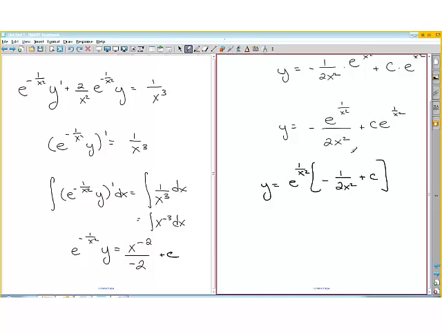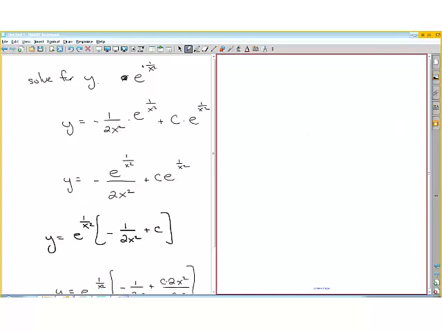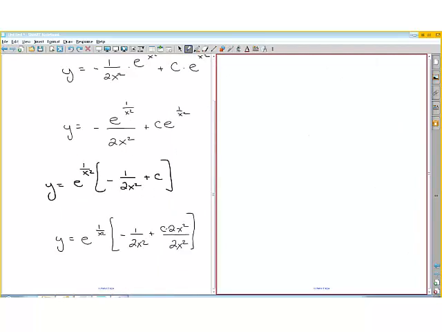And then we can combine these two by finding a common denominator, which is going to be 2x squared. So we'll get negative 1 over 2x squared plus c times 2x squared divided by 2x squared. You can see I've multiplied the numerator and the denominator by 2x squared. And then I can combine these two. So I just add these.